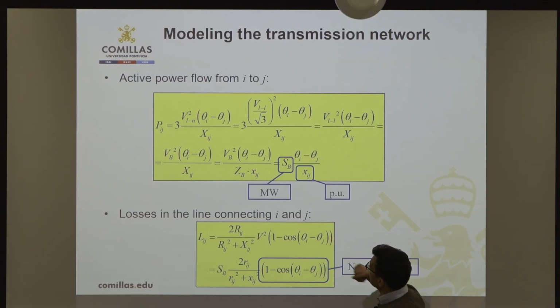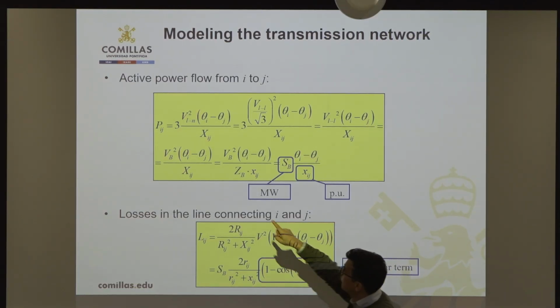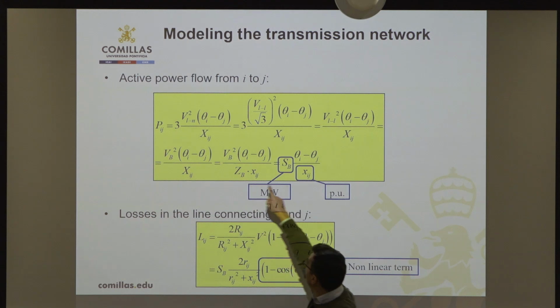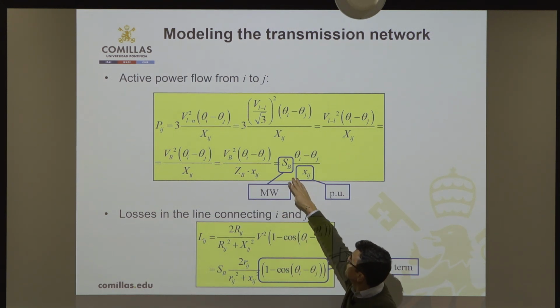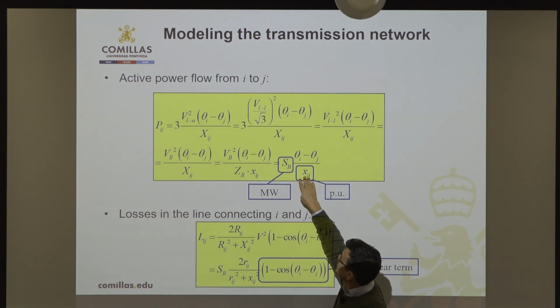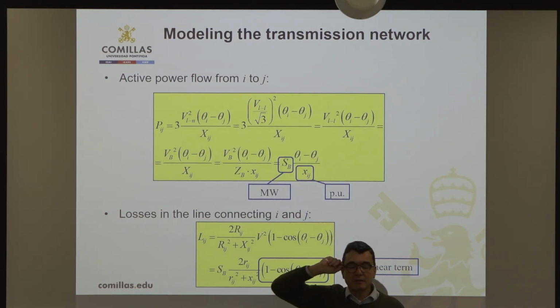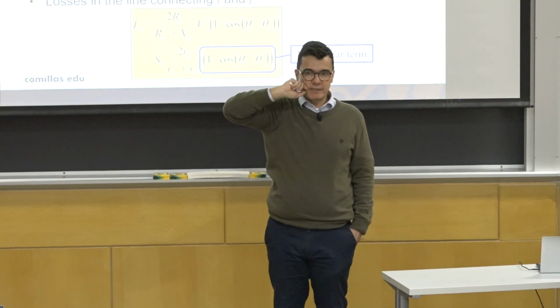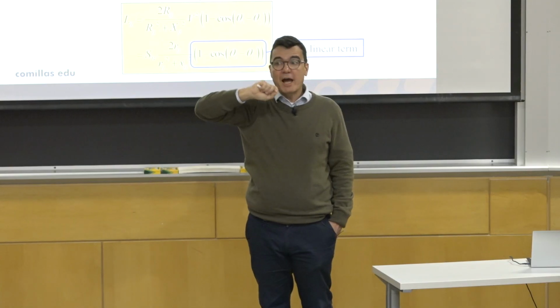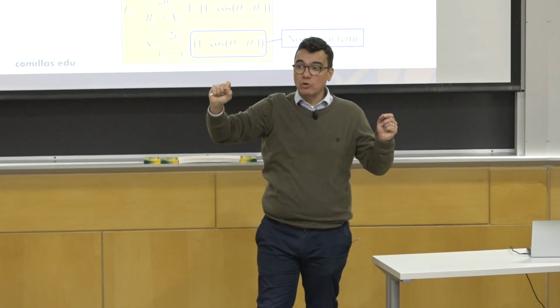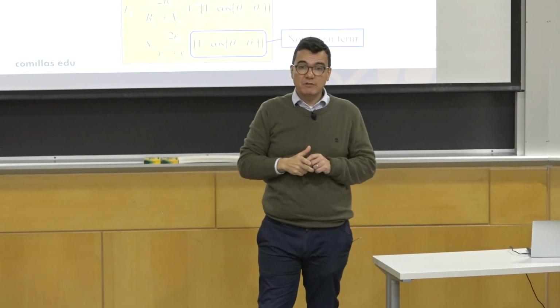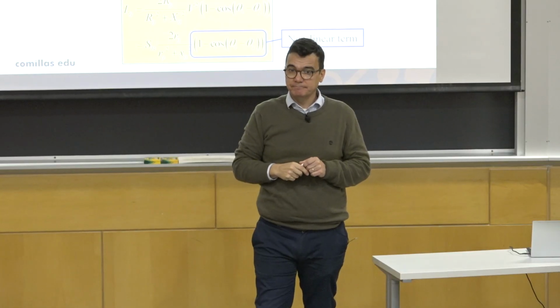And under this hypothesis, the flow of active power P is just proportional, because these are constants, to the phase angle difference. The higher the phase angle difference between two nodes, the more active power you are transmitting.